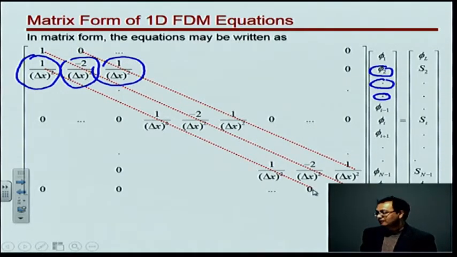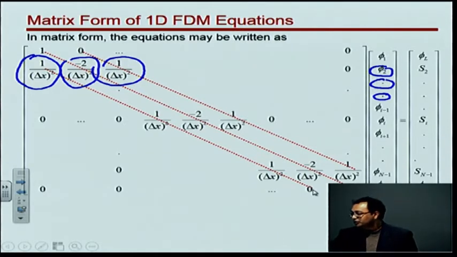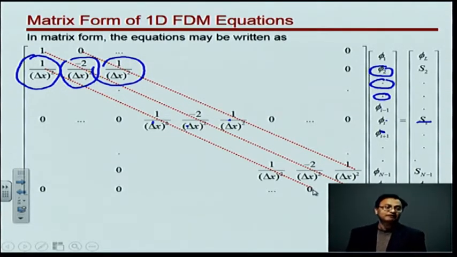For a generic ith equation, you can see phi i minus 1 times that, phi i times that, phi i plus 1 times that will be equal to Si. That's how the equation has been written.